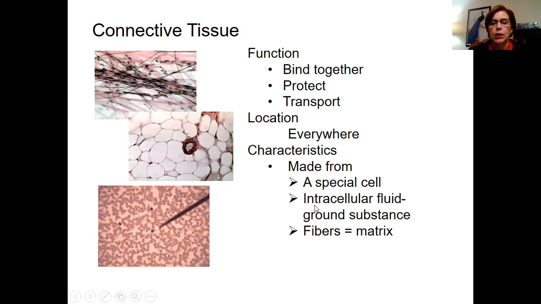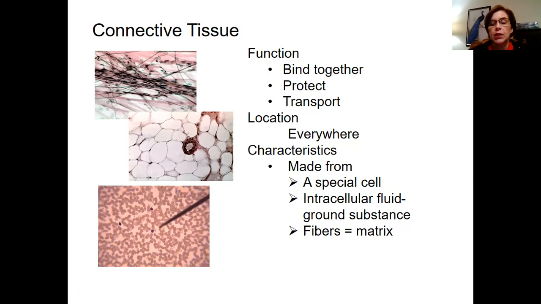Number two, an intracellular fluid called the ground substance. And number three, fibers, which are called the matrix. So again, every connective tissue has a special cell, an intracellular fluid called the ground substance, and fibers, they're called the matrix.